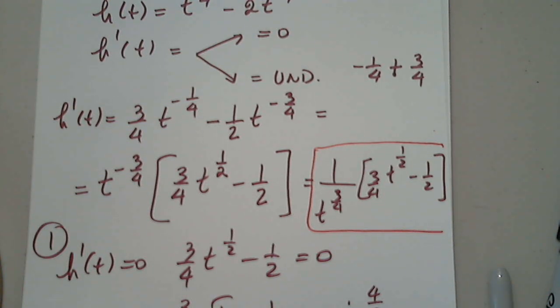Okay, so there is no sign change. Again, let me make sure that I enter the function correctly. So x indeed to negative 3/4, yes. And then 3/4 x to 1/2, yes. Minus 0.5, correct. Okay, so the derivative does not change sign.